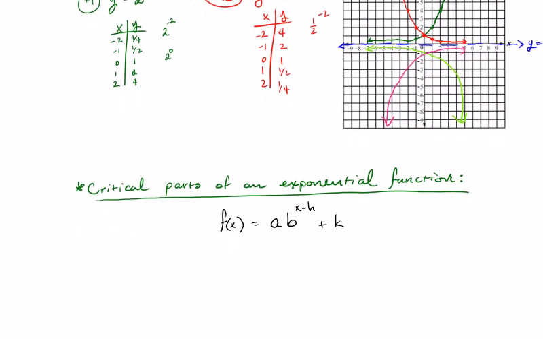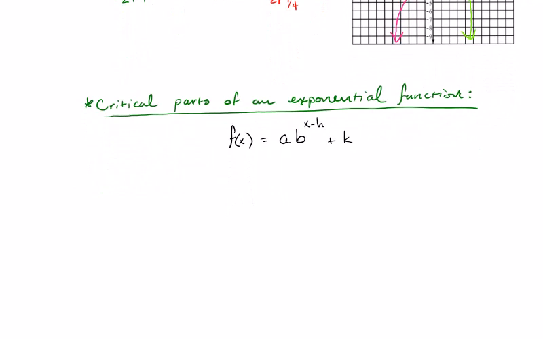So to kind of lead into that, let's just talk about critical parts of an exponential function. So this would be considered the general form of an exponential function. You have a, which is the coefficient, and this guy is just a number, a scalar. It doesn't have too much of an effect on the graph in the sense that it's not going to change the look of the graph, but it will cause a reflection.